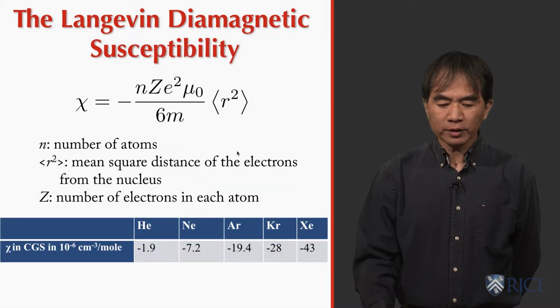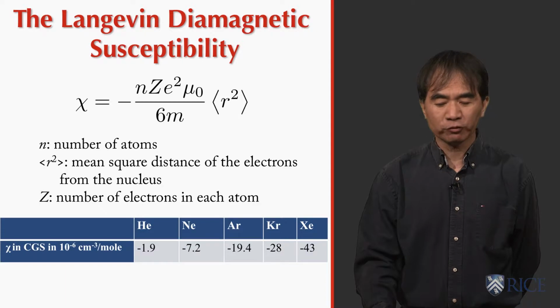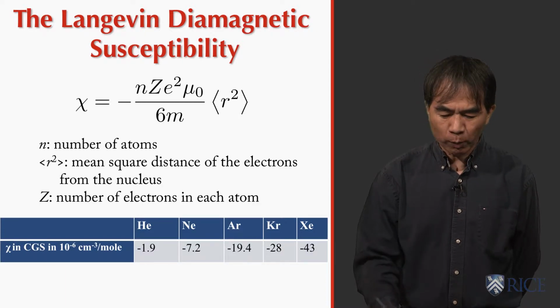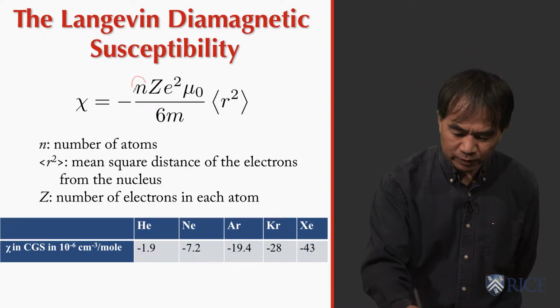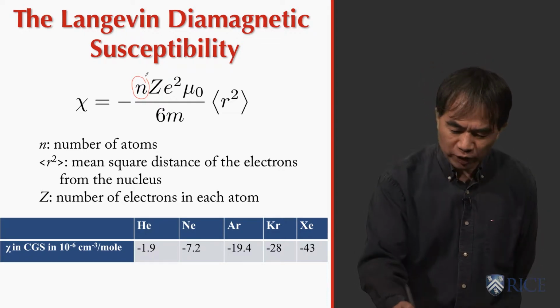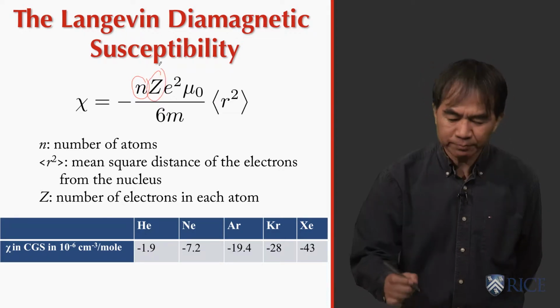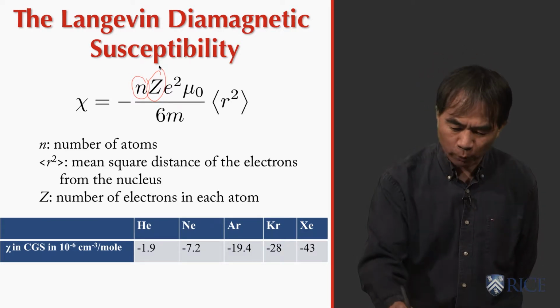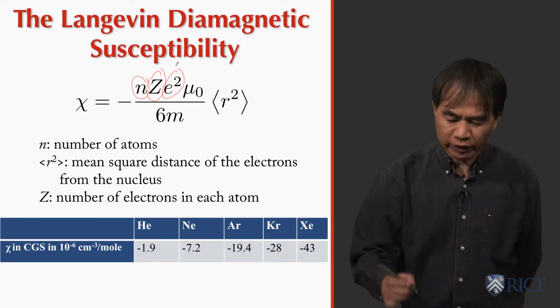So what is the Langevin diamagnetic susceptibility? The diamagnetic susceptibility is proportional to a couple of things. Firstly, it's proportional to the number of atoms in the system. Second, it's proportional to the number of electrons in each of the atoms, Z. And then, of course, it's proportional to the square of the charge of the electron.